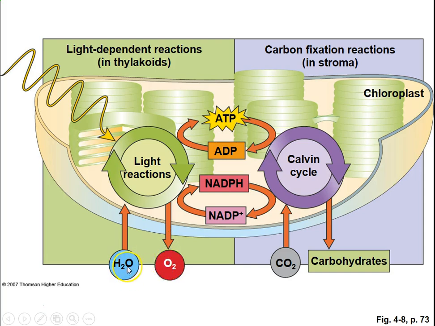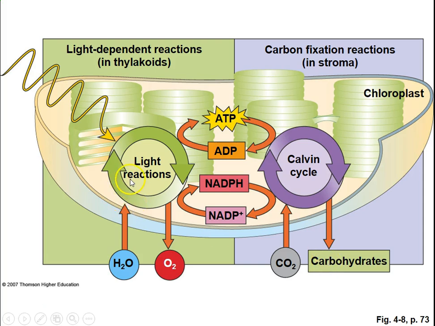So the oxygen from the water isn't used anywhere else in this process of photosynthesis, so the oxygen is given off essentially as a waste material. What is captured is going to be the hydrogens, and those hydrogens will be fed over here to the Calvin cycle, and will tack the hydrogens onto the carbon dioxide in order to make carbohydrates.